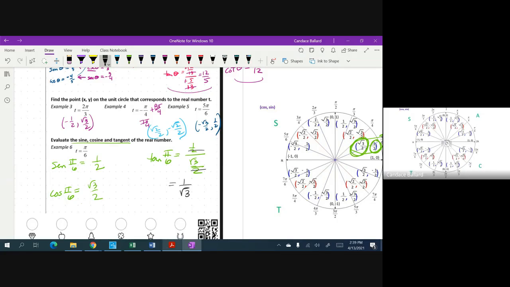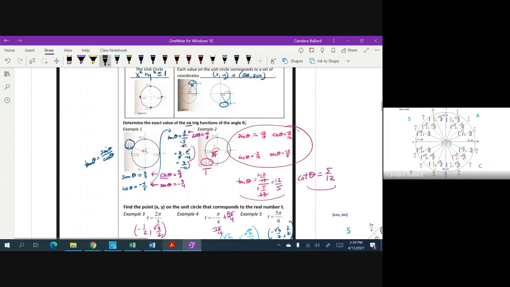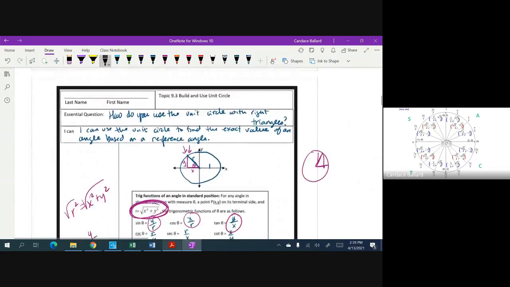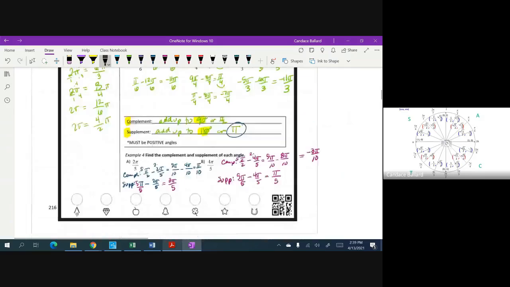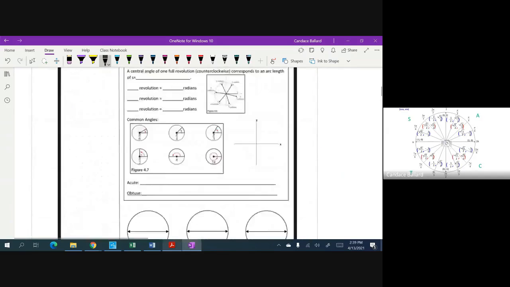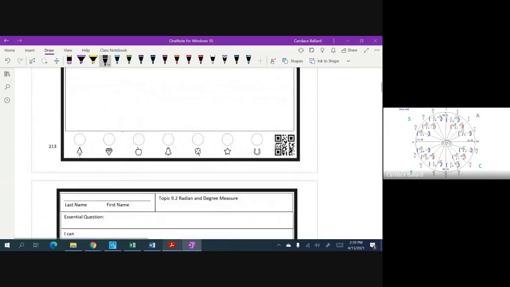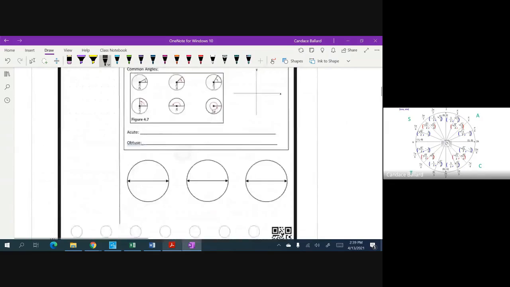Why is it sine over cosine, Nitzel? Is that what you're asking? Yeah, because that's just the trig identity. It's a memorized thing. We wrote it down probably in the last lesson. Let's look. It was probably in this one here. Nope, it wasn't in that one. No, I went too far.